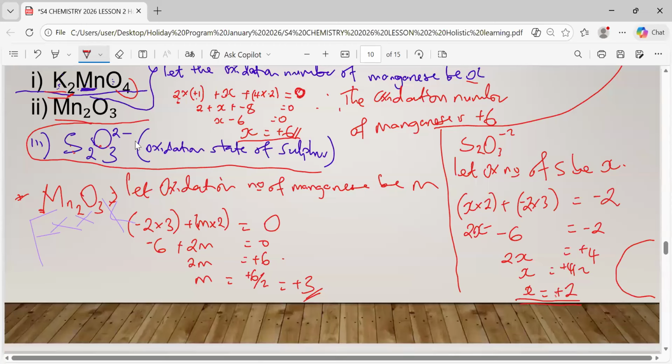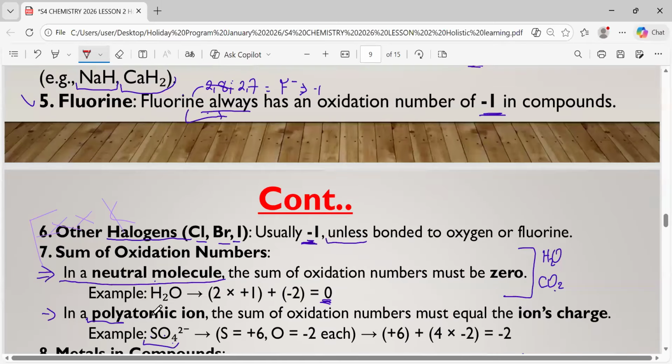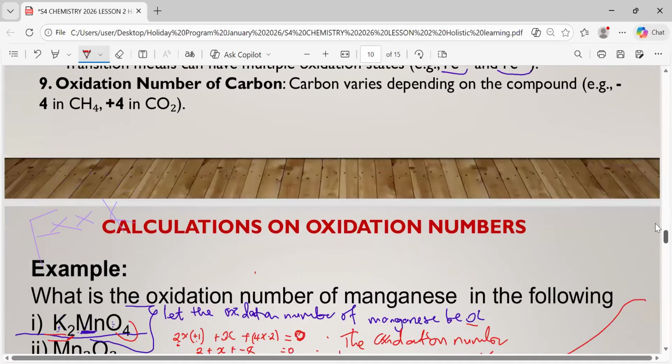That was in our rules of assigning. Let me bring them back here, where we say that for a polyatomic ion, the sum of oxidation numbers must equal the ion's charge. So that's what we have been doing there. Is it clear now? Yeah, thank you.